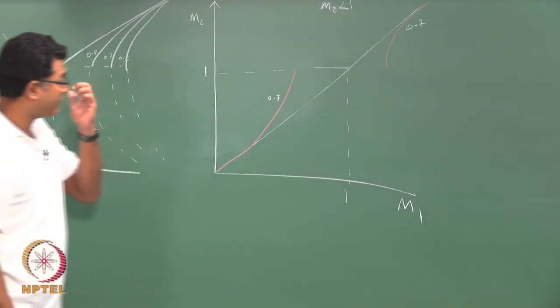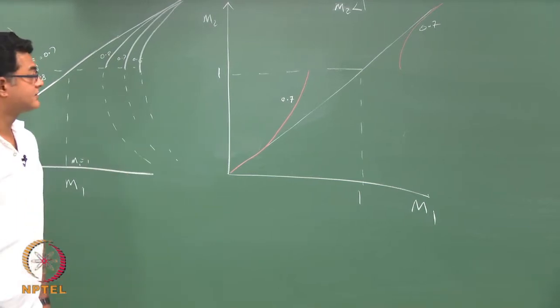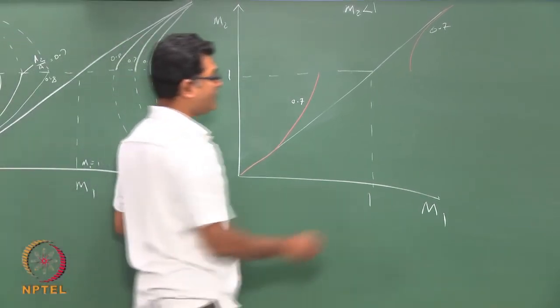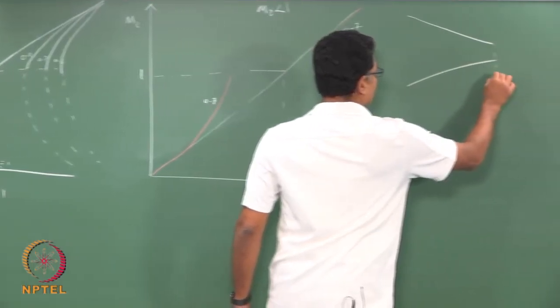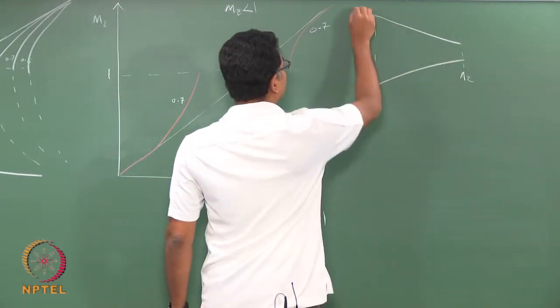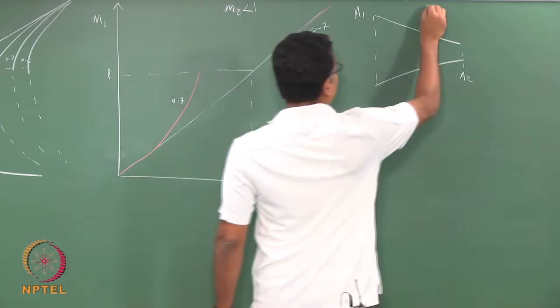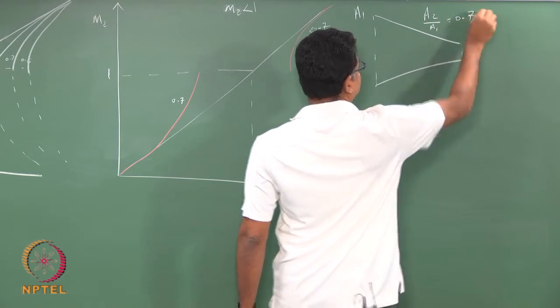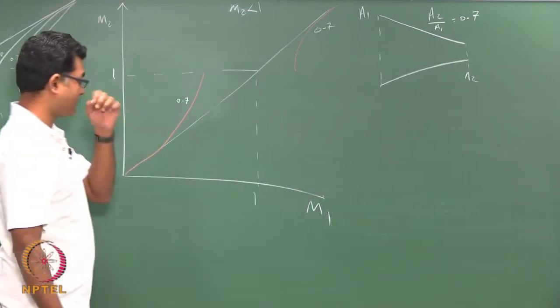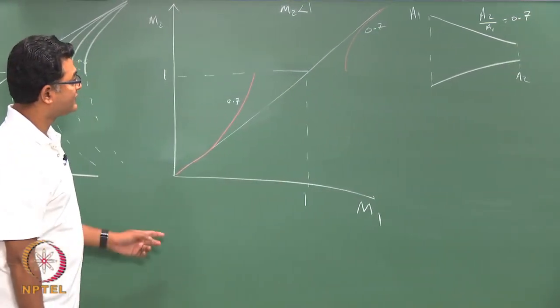I am considering only my subsonic exit case, M2 less than 1. So what is this figure? This is A2, this is A1, and A2 by A1 is fixed.